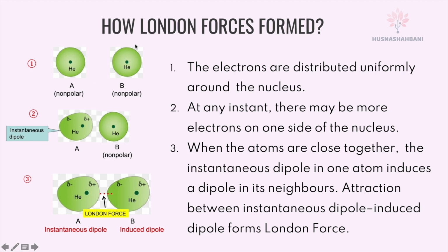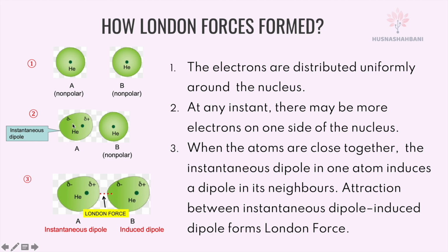At any instant, there may be more electrons on one side of the nucleus, because the movement of electrons within this atom is random. So probably at some time, one side is more negative than the other side. This is what you call an instantaneous dipole, due to the random movement of electrons.